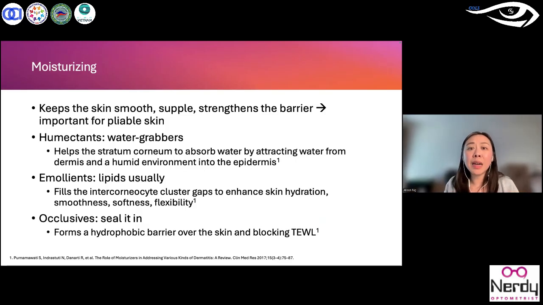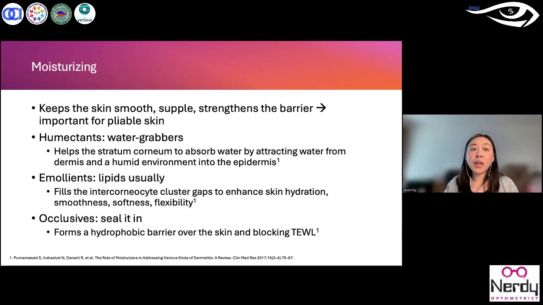I'm going to talk about moisturising a little bit here as well. Moisturising itself has three main types of ingredients. We have the humectants, which are water grabbers, and effectively humectants help the stratum corneum absorb water, attracting it from the dermis underneath the epidermis, or from the humid environment, and getting that into the epidermis. We also have emollients. These are usually lipids, but quite often they're not lipids as well.